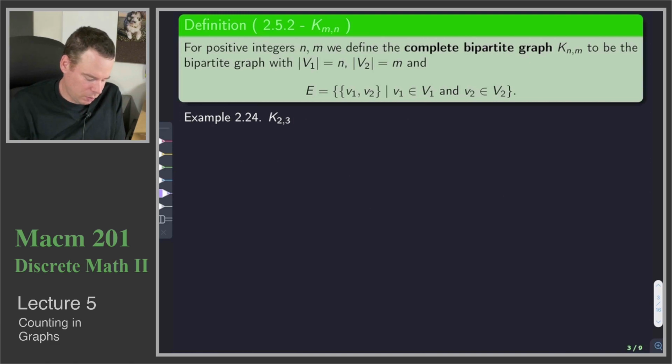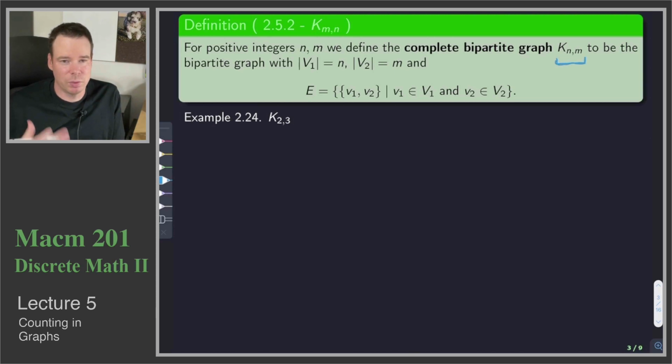So as a follow-up definition, we can describe what we mean by the complete bipartite graph, K sub N,M. So here we've used capital K. In the past we've used it to denote the complete graph. So K sub N is the complete graph on N vertices. So it's the graph with N vertices where every edge that's possible is in the graph.